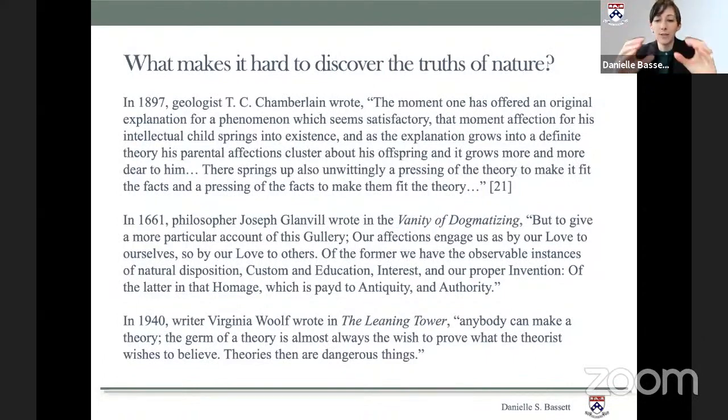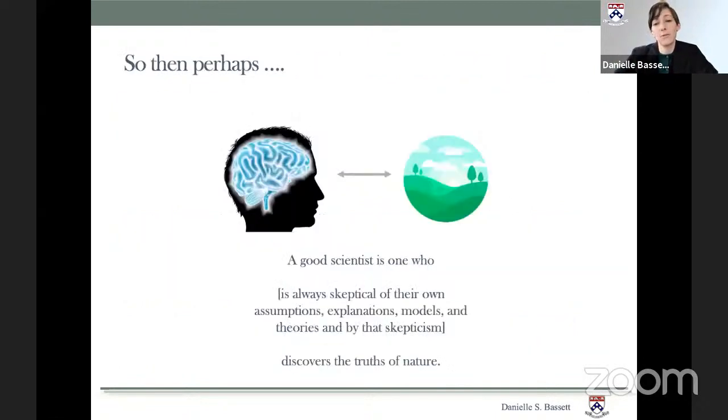So if each of these passages is kind of an indication of something that's difficult, or what makes it hard to discover truths of nature, then maybe we can go back to our definition of a good scientist and say that perhaps a good scientist is one who, bracket, is always skeptical of their own assumptions, explanations, models, and theories, and by that skepticism discovers the truths of nature.